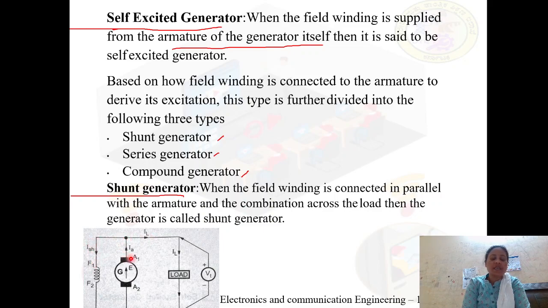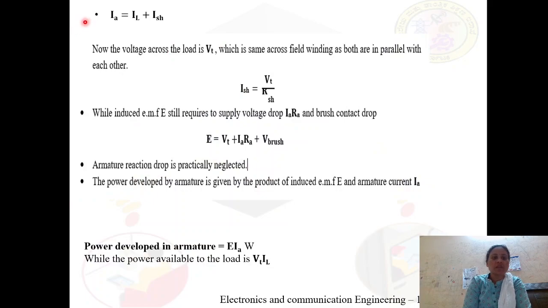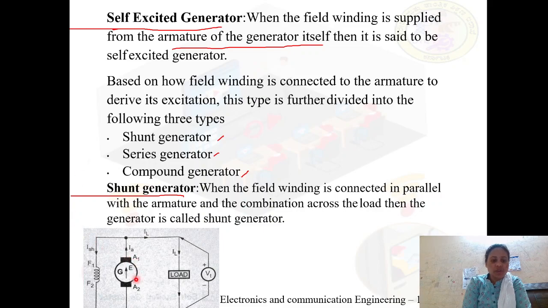Therefore, Ia is equal to Ish plus IL, according to KCL we can write. So Ia is equal to IL plus Ish. Also you can see, since they are all connected in parallel, we know the voltage remains the same.